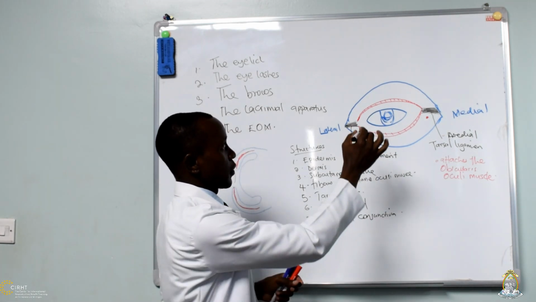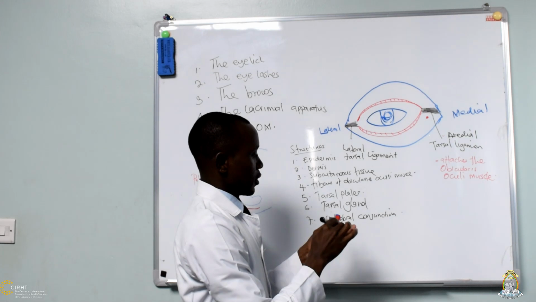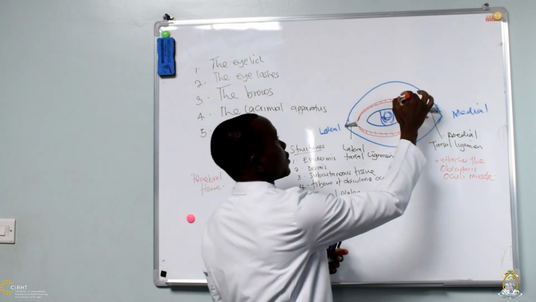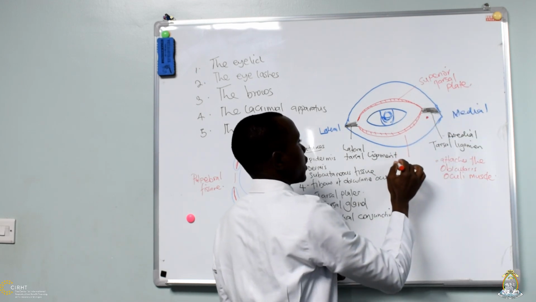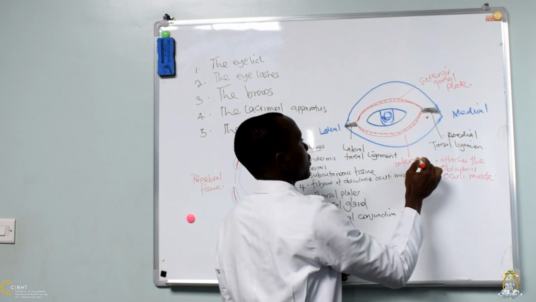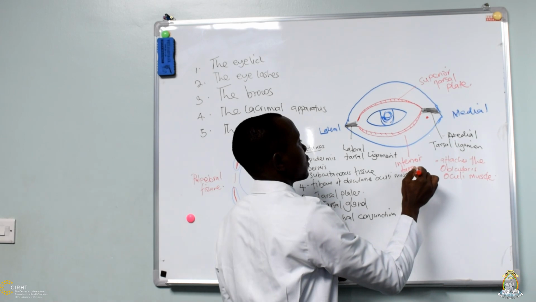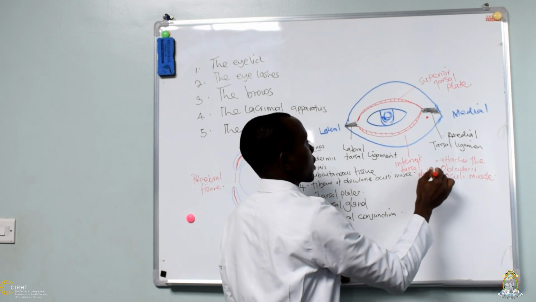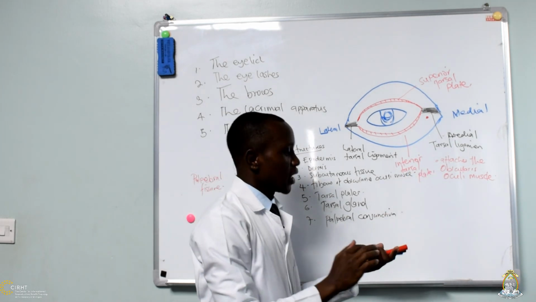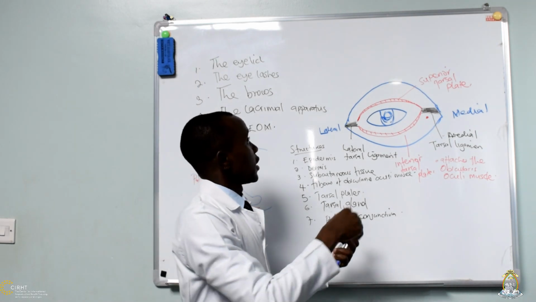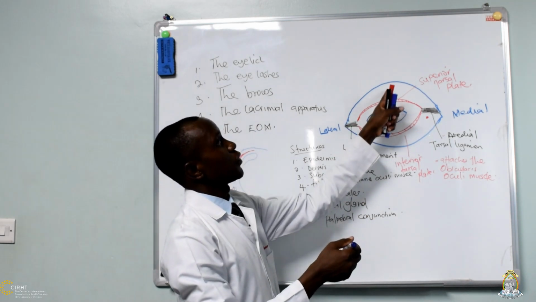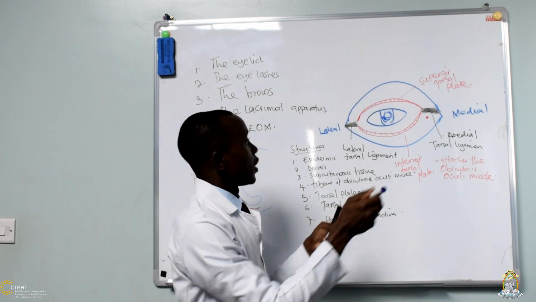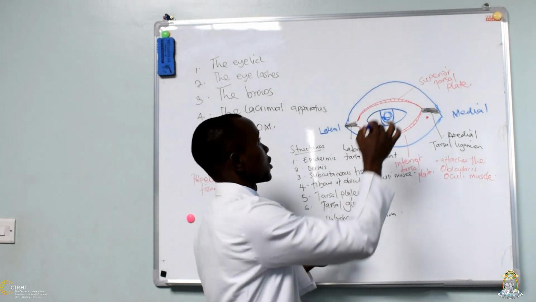Now, this is the superior tarsal plate, and this one here is the inferior tarsal plate. On the superior tarsal plate, there is a very important muscle that attaches to the superior tarsal plate and then runs up to the superior margin of the bony orbit. That is the levator palpebrae superioris muscle.